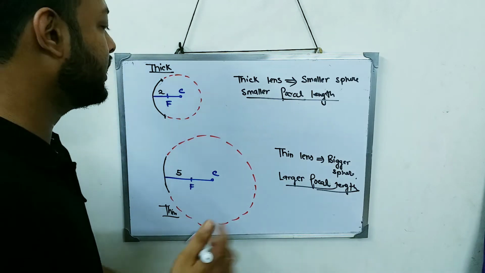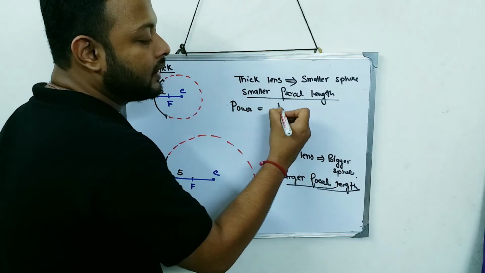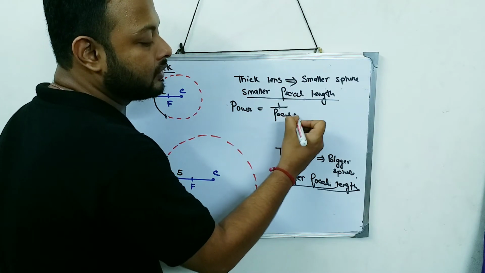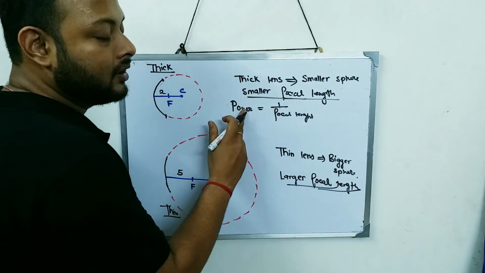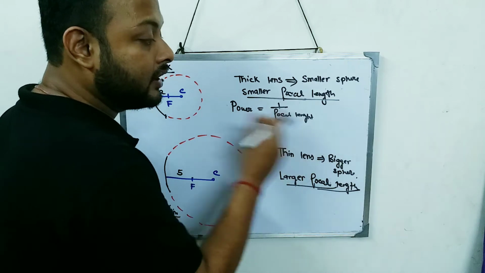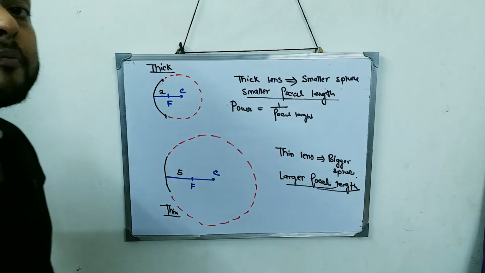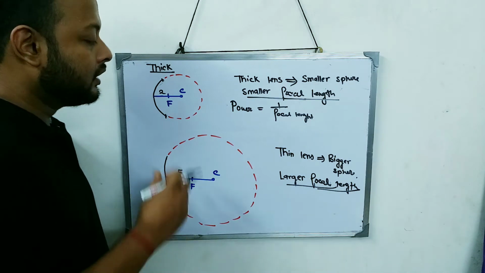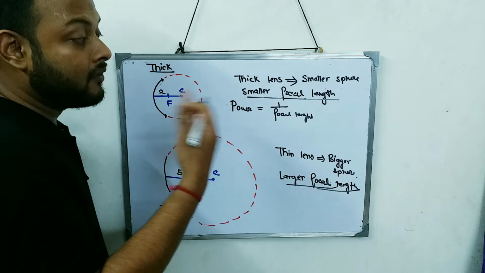The formula is that power is equal to 1 by focal length. So power and focal length are inversely related. Now you can see focal length is small, so power will be what? Power will be high.